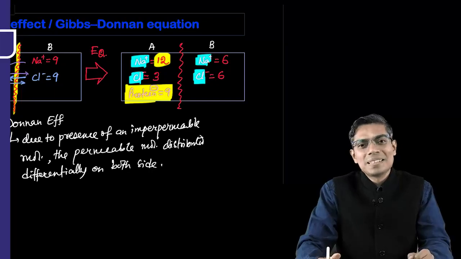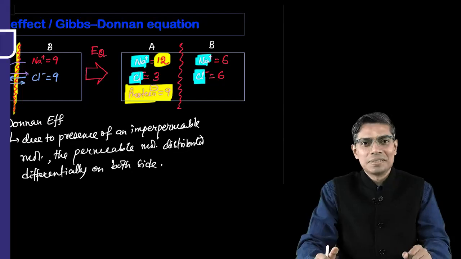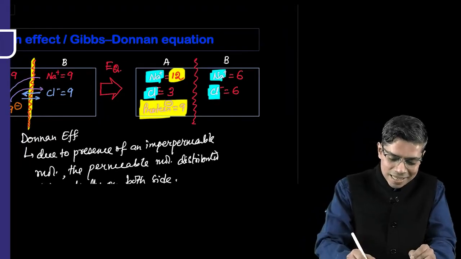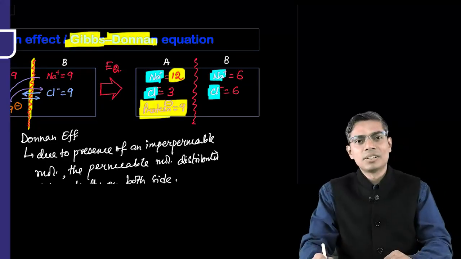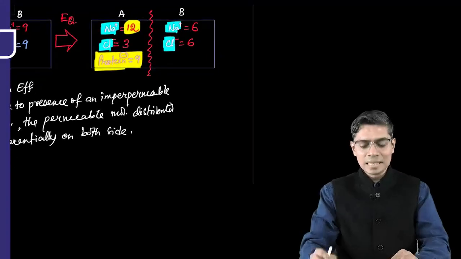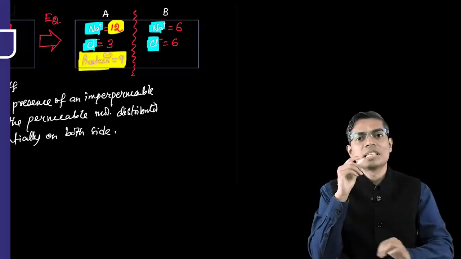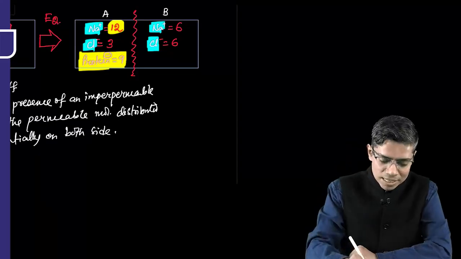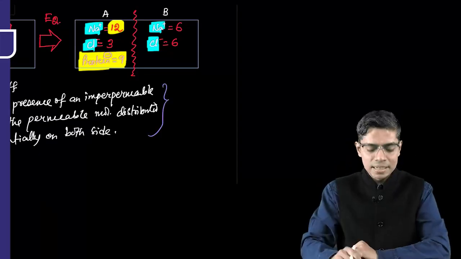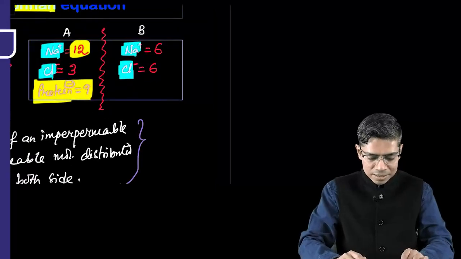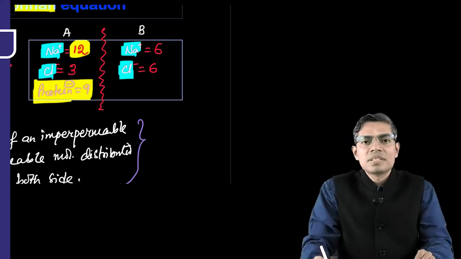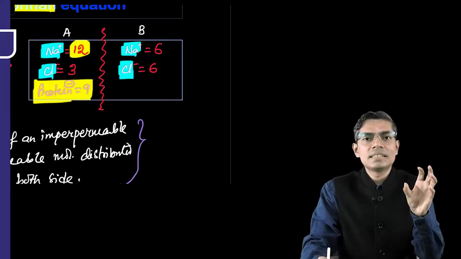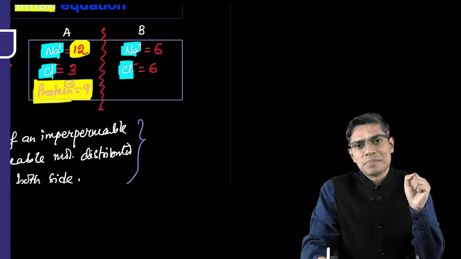So you have to give a mathematical equation, and that's why the second one is the Gibbs-Donnan equation. So Gibbs and Donnan gave a mathematical equation to this equilibrium condition. And what is that mathematical equation? Look at the equilibrium condition: the numbers which I have already written here are not random, they are maintaining a certain equation. So what is that?